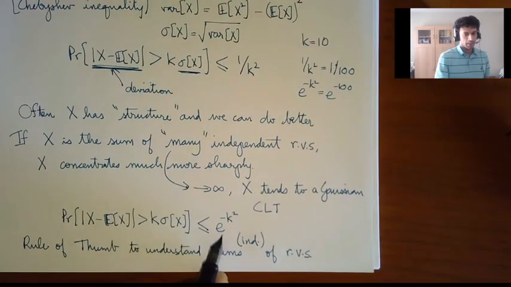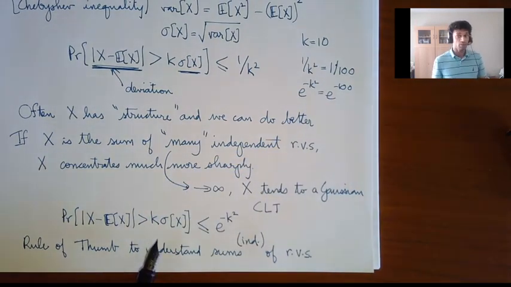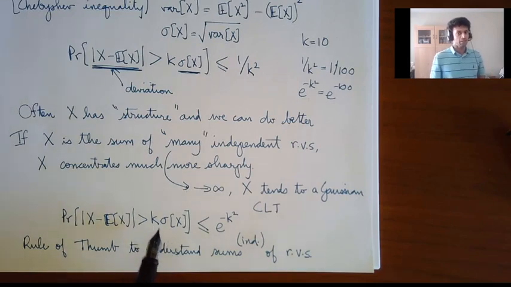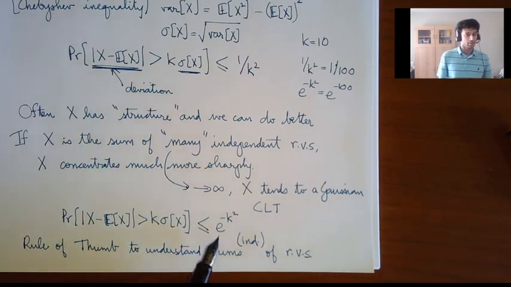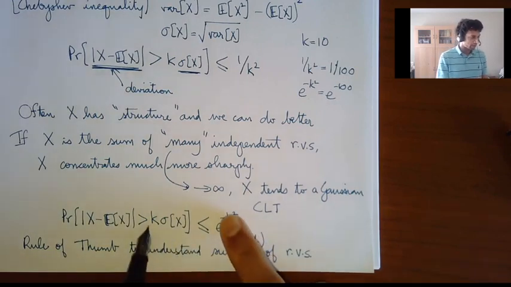So it's e to the minus k squared, which is astronomically small. So suppose we could bound the variance of quicksort, we could bound the standard deviation of quicksort. Suppose the standard deviation was also n log n. Then the probability of deviating from the expectation by some multiple of n log n is e to the minus k squared, astronomically small. And again, you now have this exponential dependence showing up.